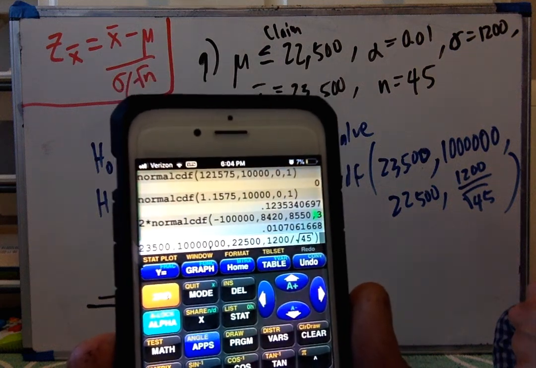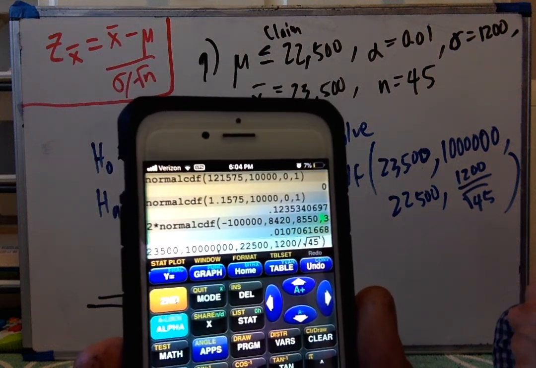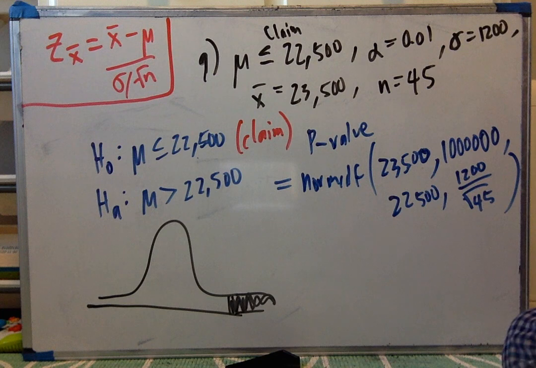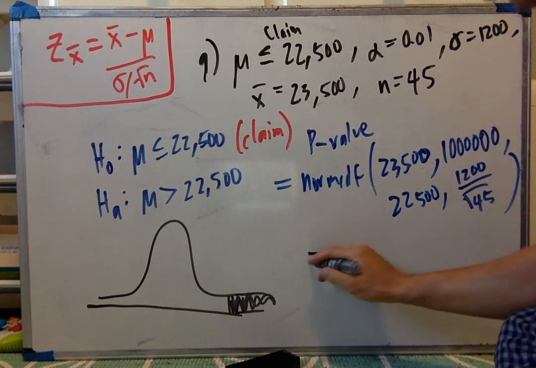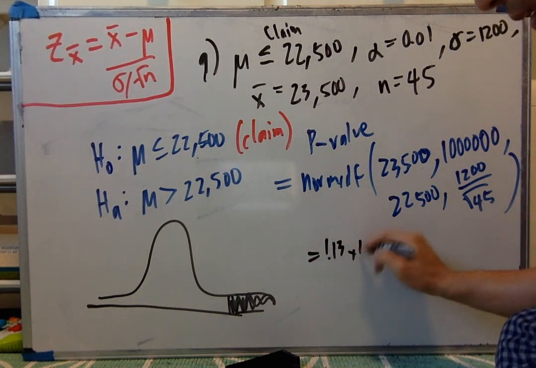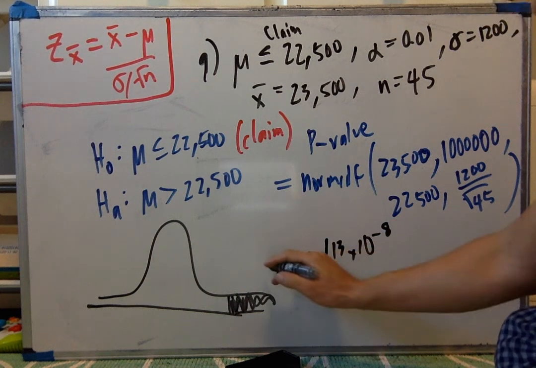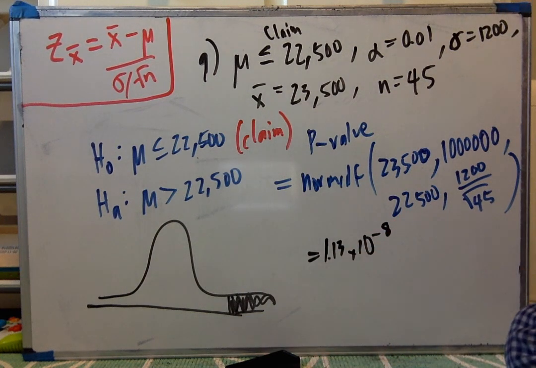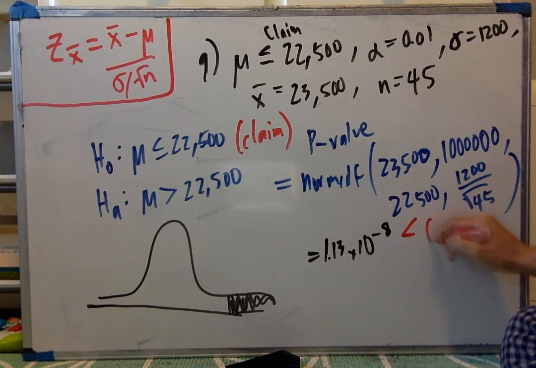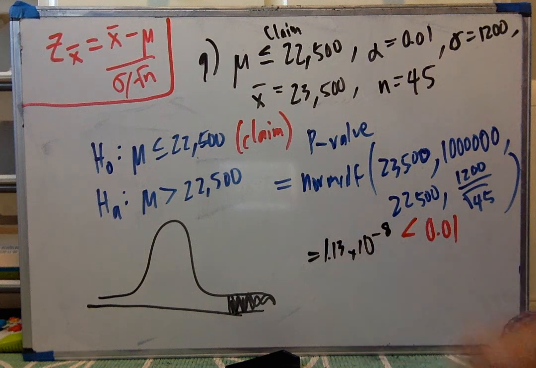The front gets cut off, but you get the picture. Press enter, and I get 1.13 times 10 to the negative 8, which means this is going to move over 8 times, giving me 7 zeros in front. That's way below 0.01. This is a really small probability.